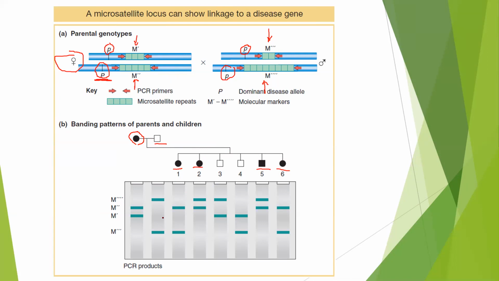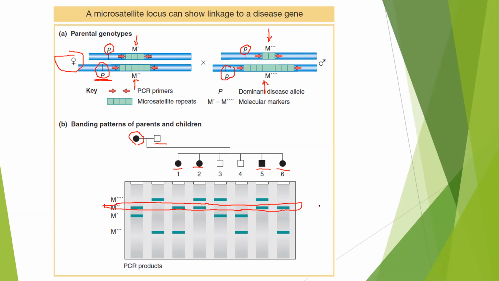If we run the gel for their DNA, you're going to immediately identify this marker, because all the affected individuals are associated with this marker, right? So this is the unique marker.